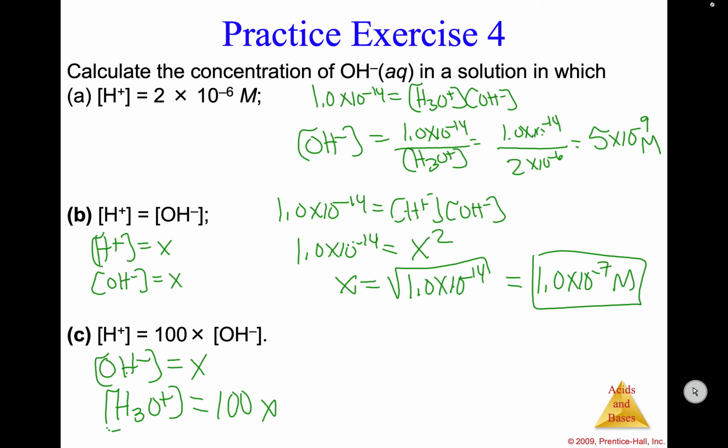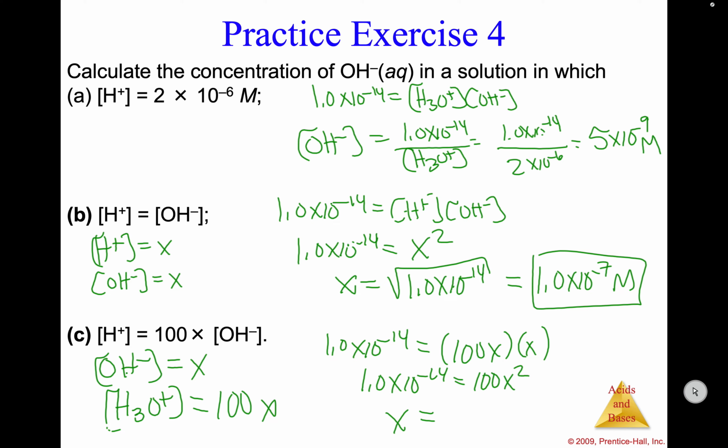So I can use my same equation, 1.0 times 10 to the negative 14 equals hydronium times hydroxide. Hydronium is 100X. Hydroxide is X. So I can solve for X by dividing both sides by 100 and taking the square root.